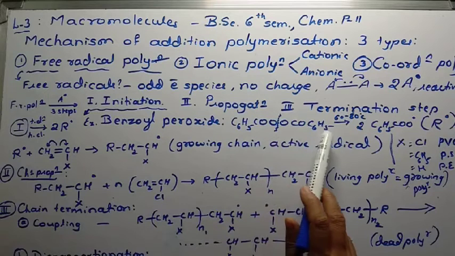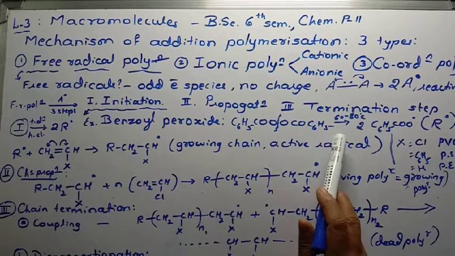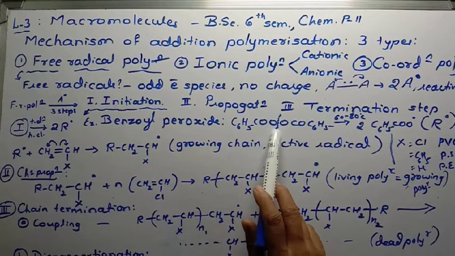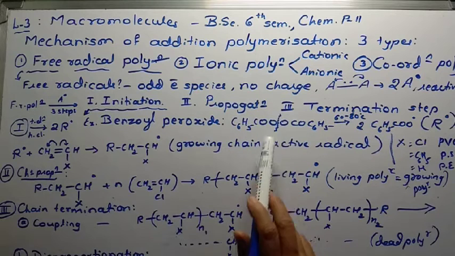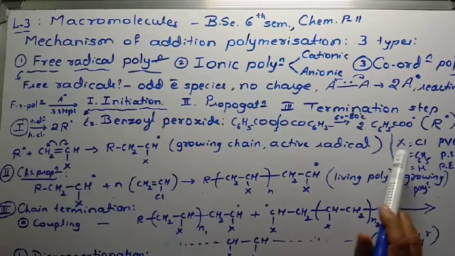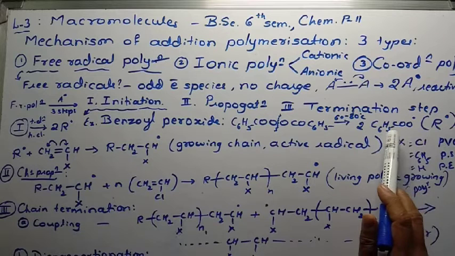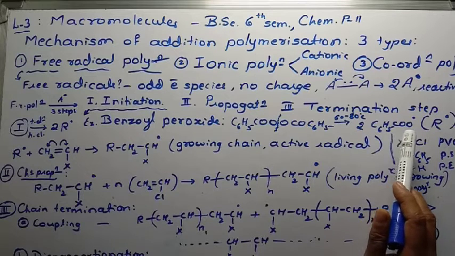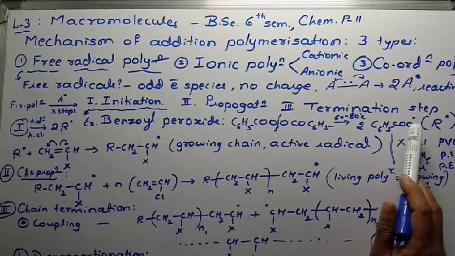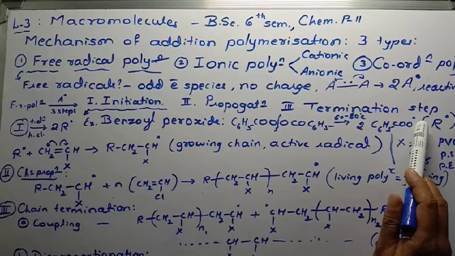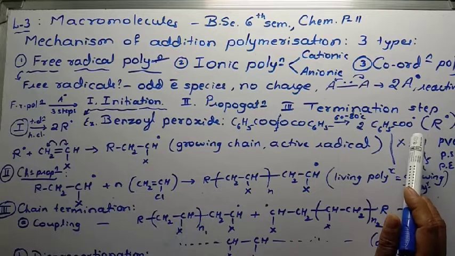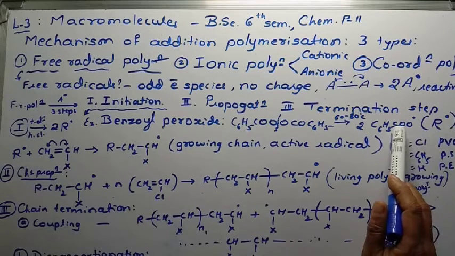When it is subjected to thermal decomposition, the bond between the two oxygens breaks homolytically, and thereby it gives two free radicals. It looks like a benzoate ion, but it is not an ion, it is a free radical. It doesn't carry any positive or negative charge, hence it is said to be a free radical.